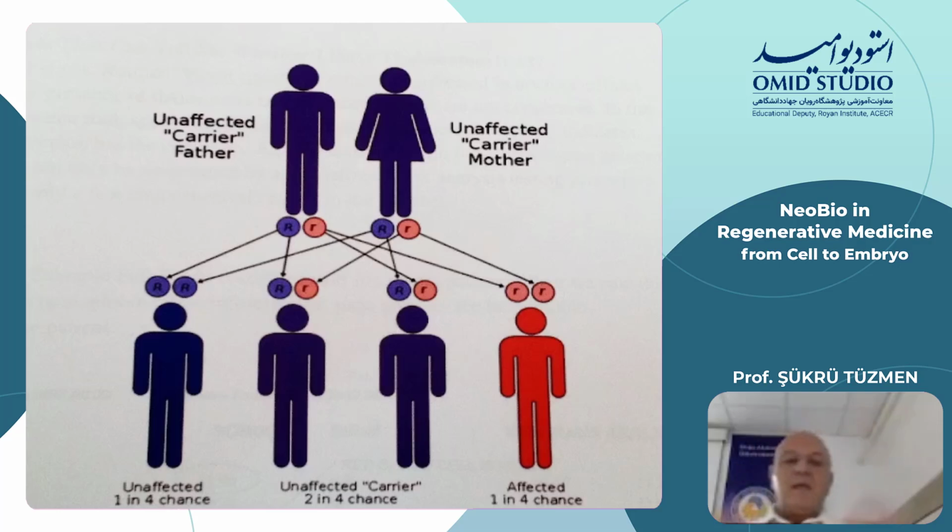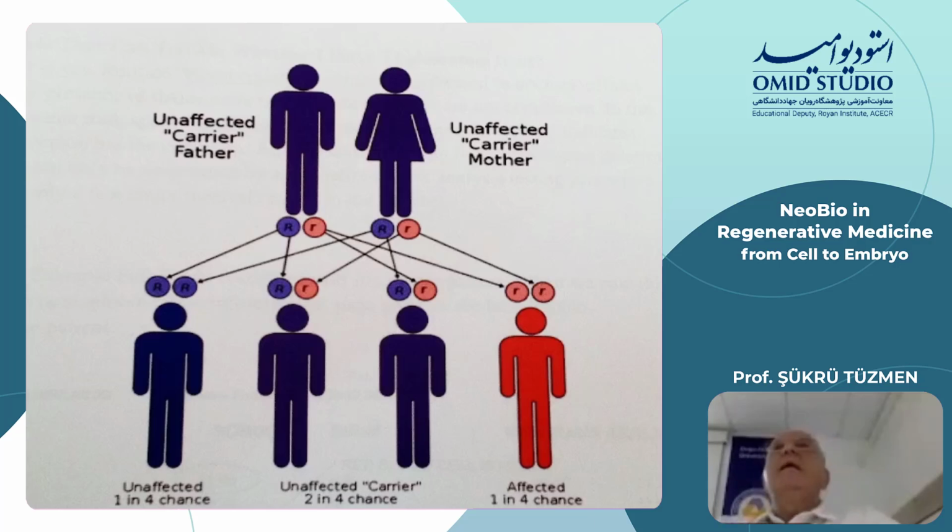Okay, so both the parents need to be carriers to give rise to a sick kid, in terms of 1 out of 4 or 25%. So this drawing here tells you that. In terms of having heterozygote children born, it is not a problem.